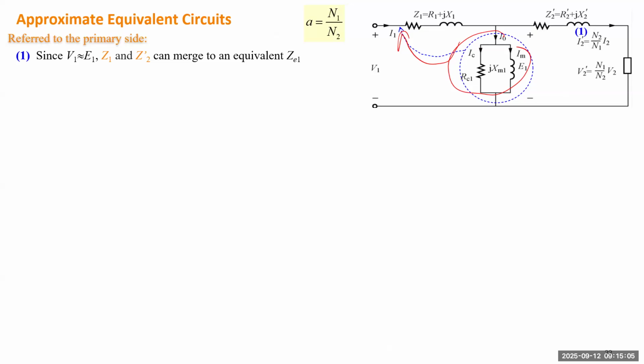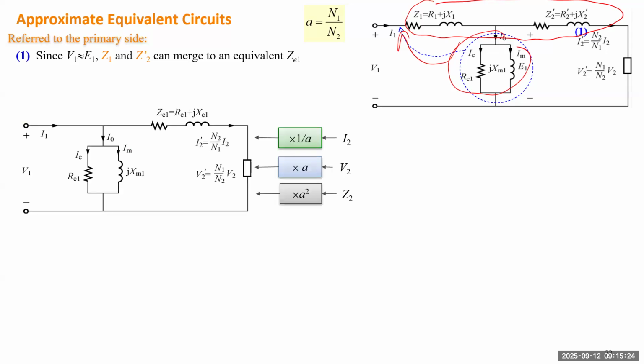By doing so, we can merge the two series impedances into a single impedance. If the primary side has very high voltage, moving those two shunt branches usually doesn't cause much error. So that's the first thing we can do, and then we can merge the impedances of the two windings into a single impedance.